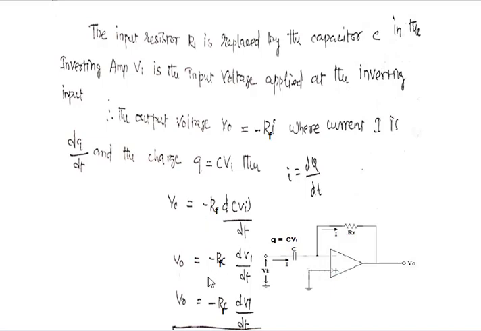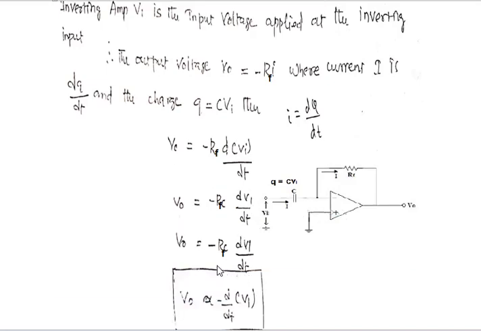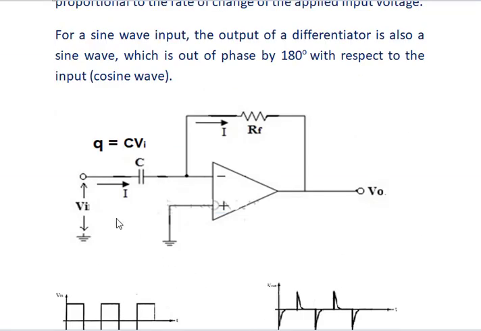On solving this, we get V out equal to minus Rf C into dVi by dt. So the output voltage is directly proportional to the differentiation of the input voltage. So this op-amp circuit differentiates any input voltage applied at its input.